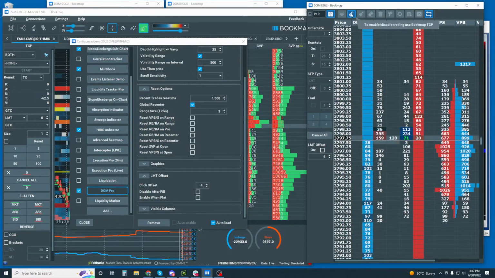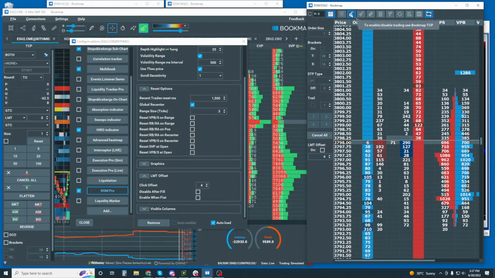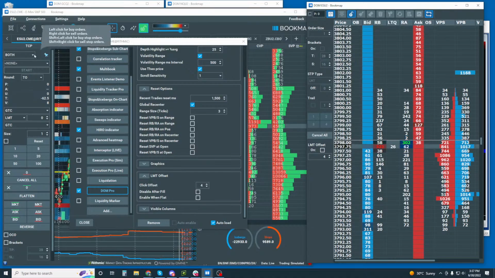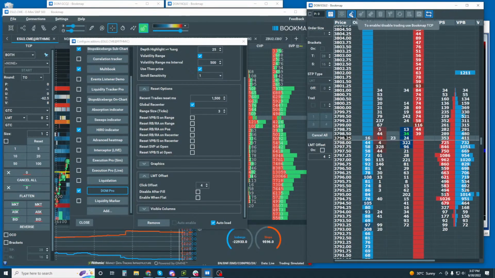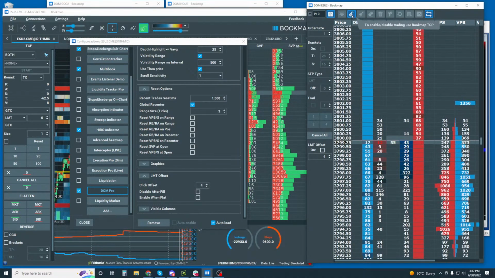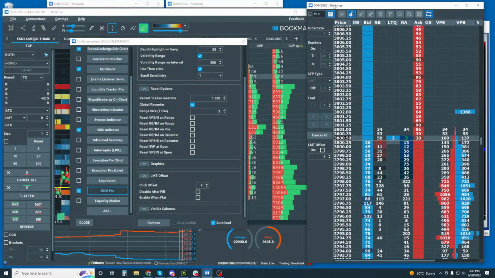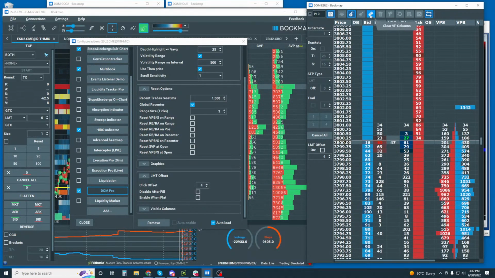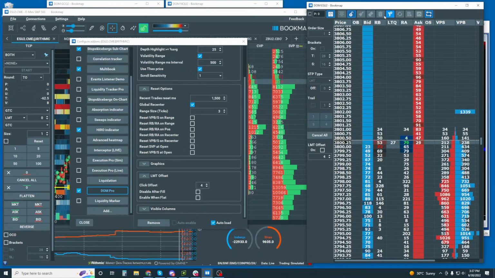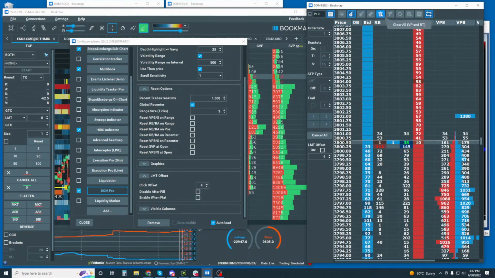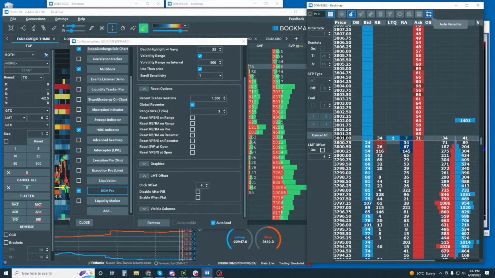So recenter the DOM. Now this is the toggle to enable trading. It actually has to be enabled through the TCP. This is just a display of it, so this is actually not a tool. We explained that in the video. And then these are all your resets in here as well. Just hover over them. We've already demoed them, but you can also access them here if you like.